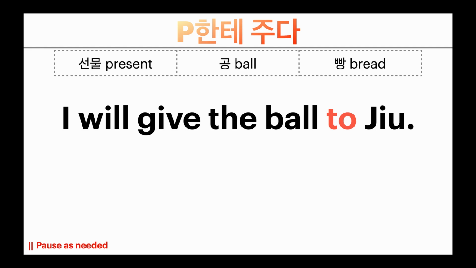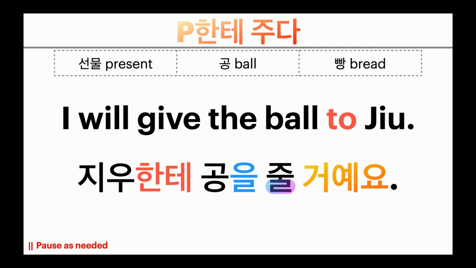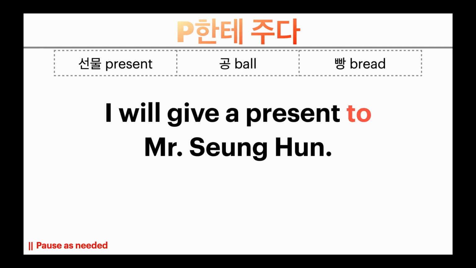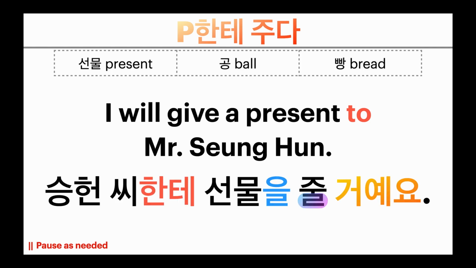I will give the ball to 지유. And let's no longer worry about the word I. 지유한테 공을 줄 거예요. I will give a present to Mr. 승헌. 승헌 씨한테 선물을 줄 거예요.